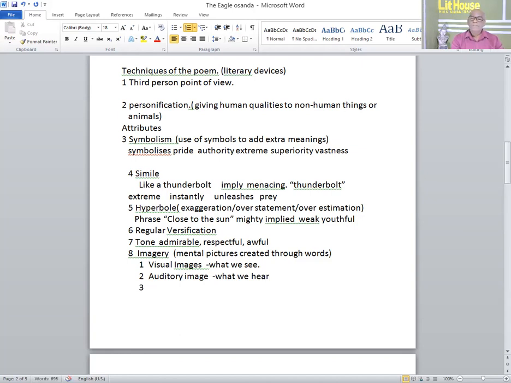What is the third one? Do you have any idea about the third one? Tactile image.